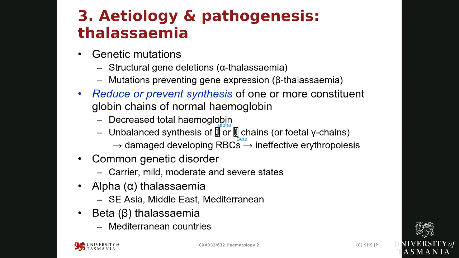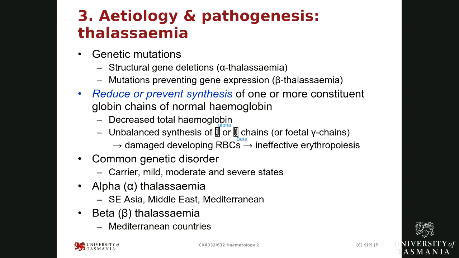And so what we tend to get is this decrease in total hemoglobin because we've got reduced or prevented synthesis of one or more of the constituent globin chains. So we get a decrease in total hemoglobin, but we also get unbalanced synthesis of the chains that make that hemoglobin.